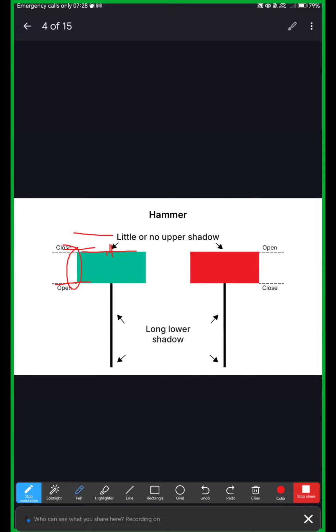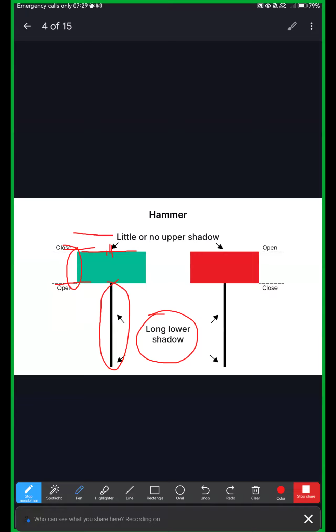But take note of this. This is the major characteristic of a hammer. The long lower shadow. Yes, that is one big characteristic of a hammer. This long lower shadow, what does it signify? It signifies rejection of price. By who?